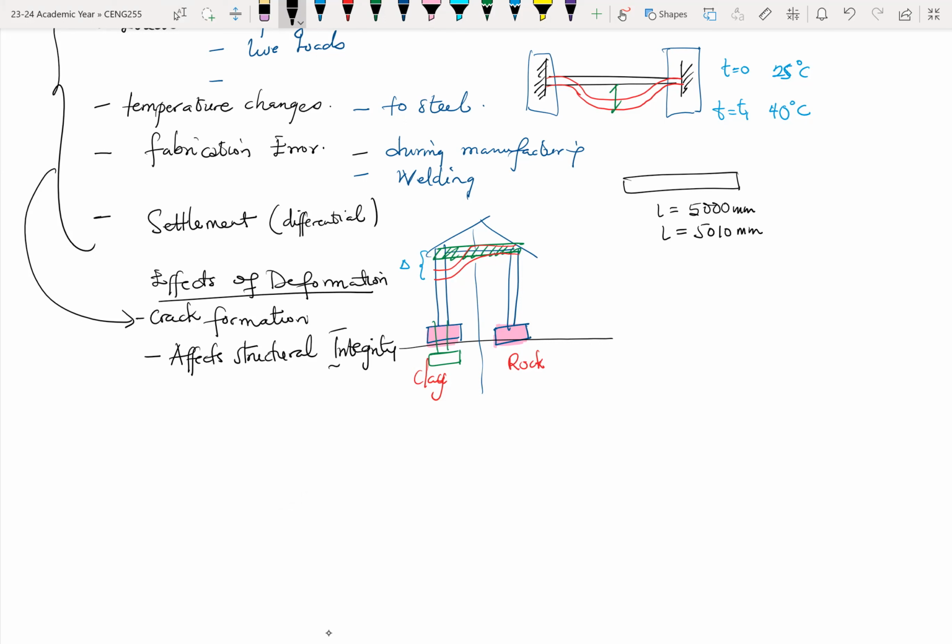So I think there are some buildings. I remember this particular building in Kumasi. It's around KNUST. It's a very tall structure, and for many years it has been unoccupied, and the reason is because the perception was created that the building was sinking, right, or it was undergoing differential settlements, right.